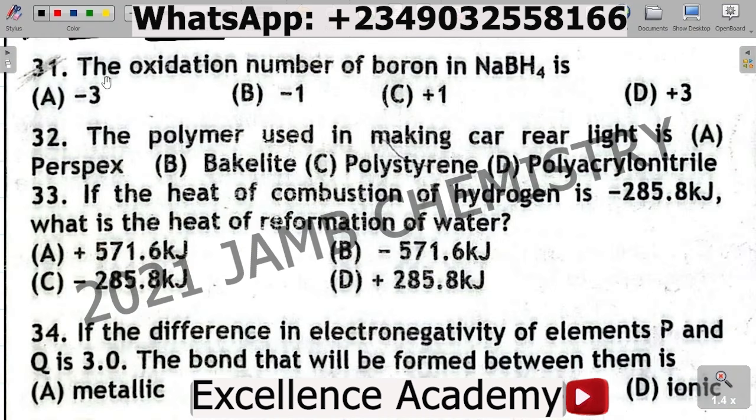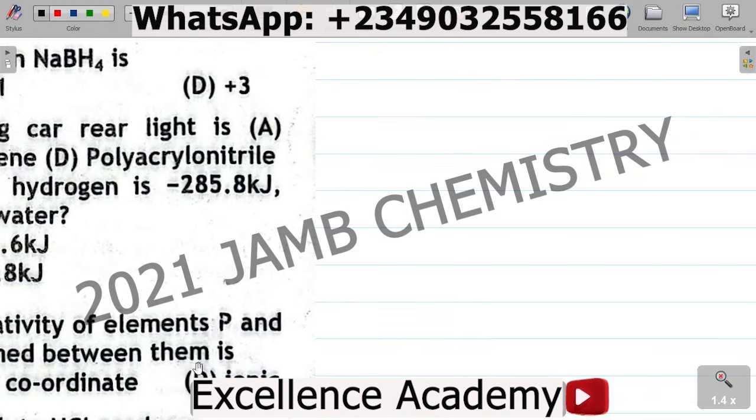Question 31 says, the oxidation number of boron in sodium tetrahydridoborate, that's NaBH4, is A -3, B -1, C +1, D +3. Let's write out this compound here. What I have here is NaBH4.